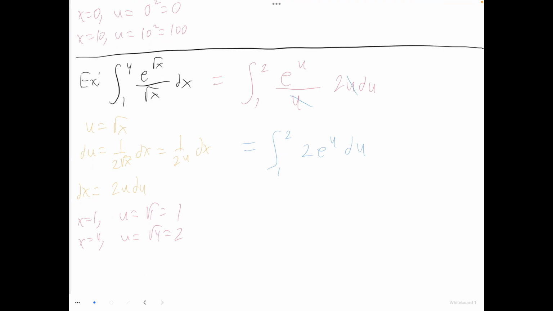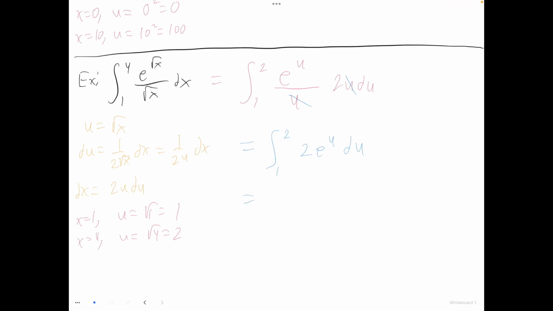Its antiderivative is 2 e to the u, going from 1 to 2. Plugging in our bounds, we have 2e squared minus 2e to the 0. Oh, it's not e to the 0, it's e to the 1. So we get 2e squared minus 2e, and that is our answer there.